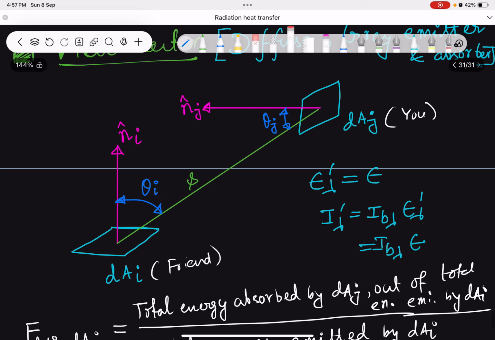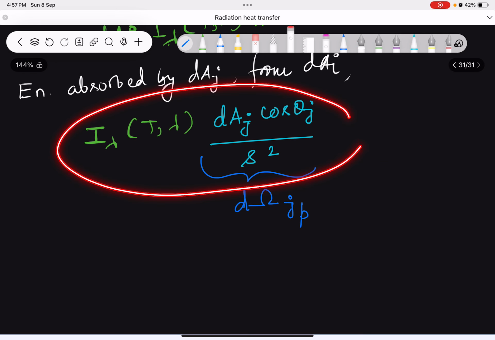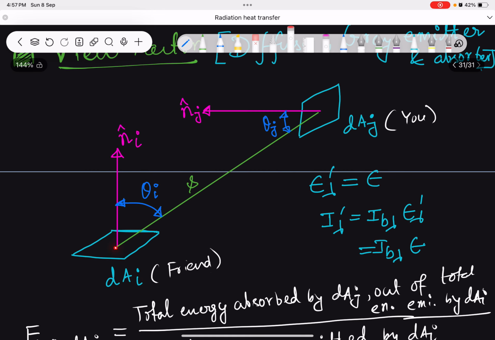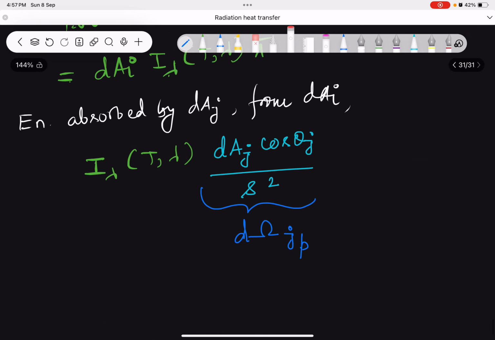Okay, so I have only done this. If I am just writing this much part, then I am writing this for only one radiation ray in only this direction. But now I have to write for all these directions.